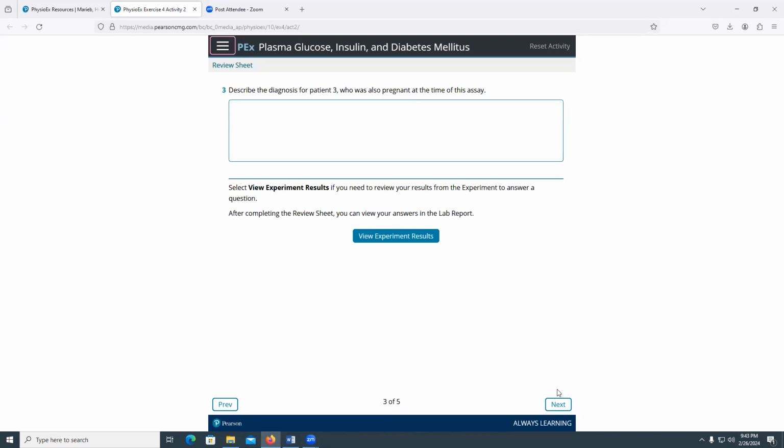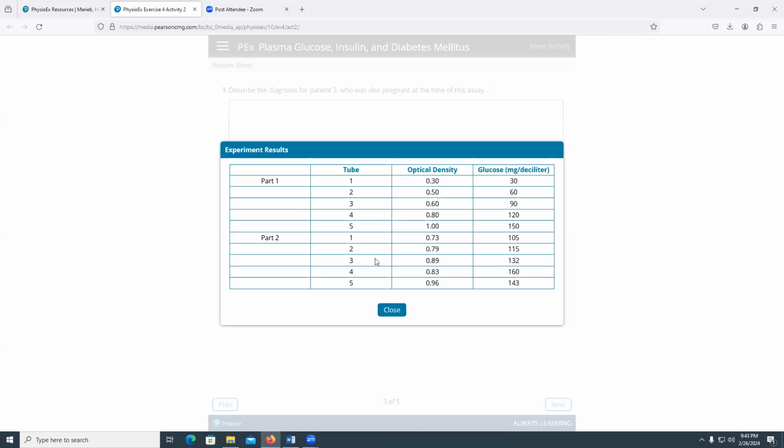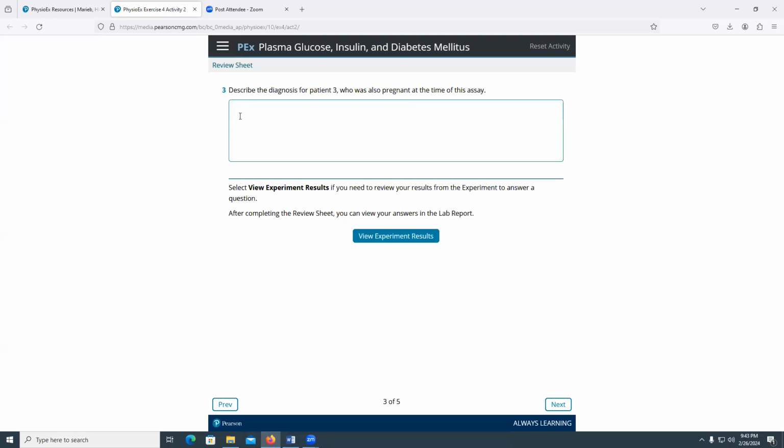Okay, describe the diagnosis for patient 3, who was also pregnant at the time of this assay. So patient number 3 is definitely diabetic, but since she's pregnant, that is also known as gestational diabetes, and it will go usually after pregnancy ends.